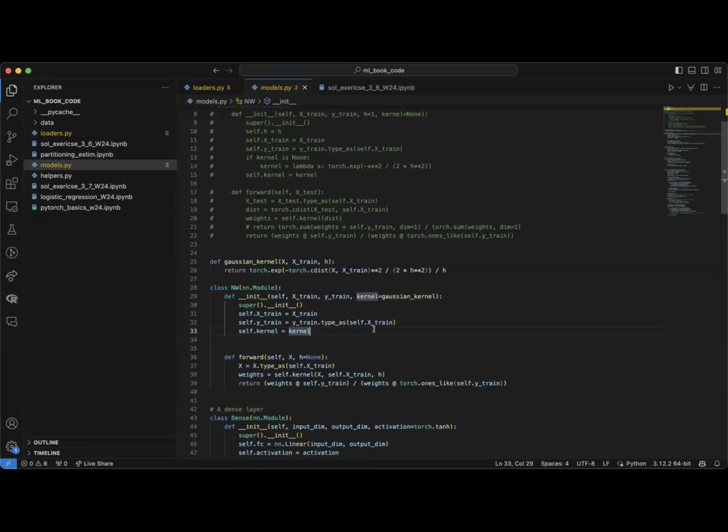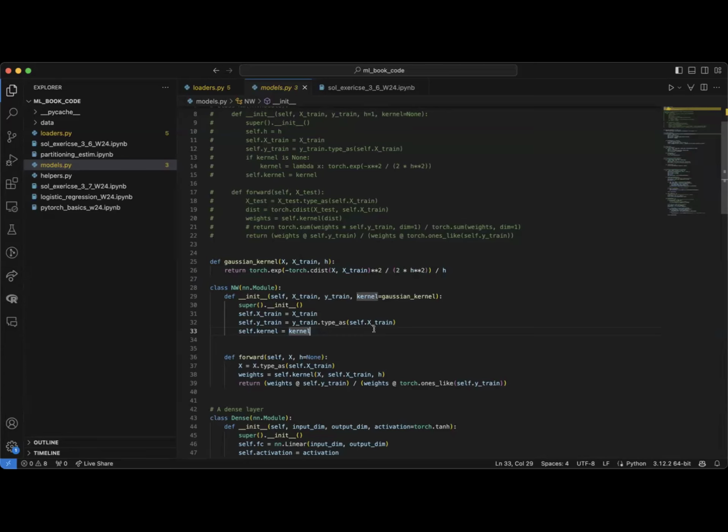Whenever this code gets run, self refers to this model. When I apply it to X, for example 3.0, this is going to call this function. So this is equivalent to saying forward of model, X. This just translates to that.